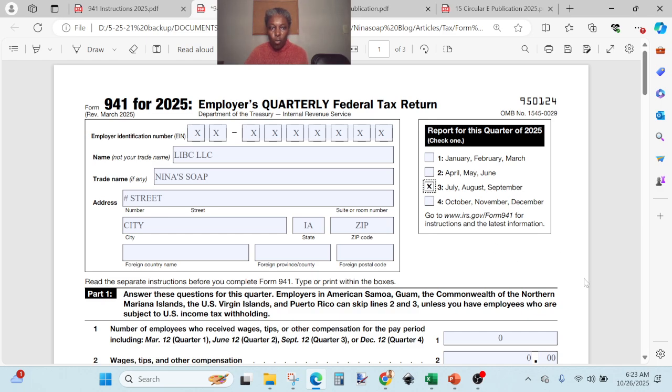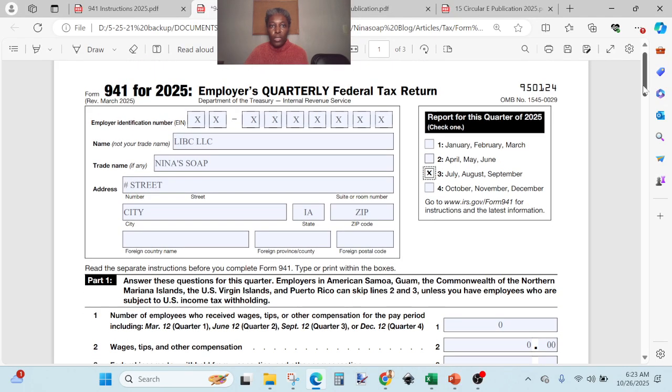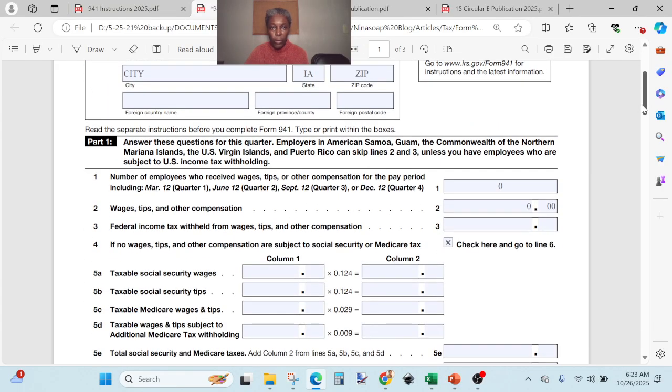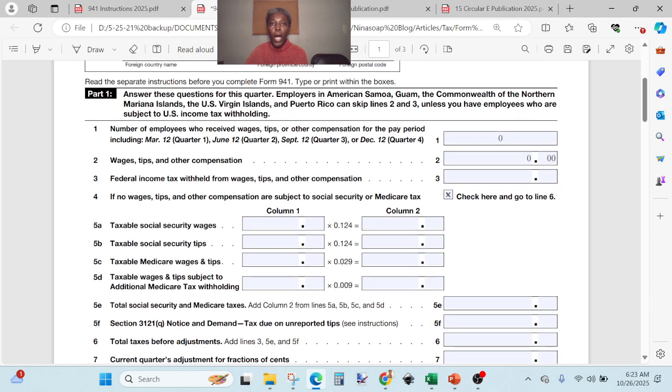So you will check quarter 3. By the way, the form is called Employer's Quarterly Federal Tax Return. I like to call it the payroll tax return, the quarterly employer payroll tax return, but that's pretty much what that is.